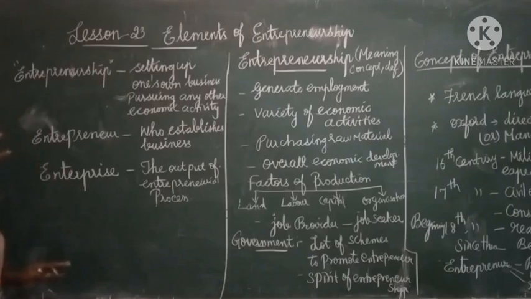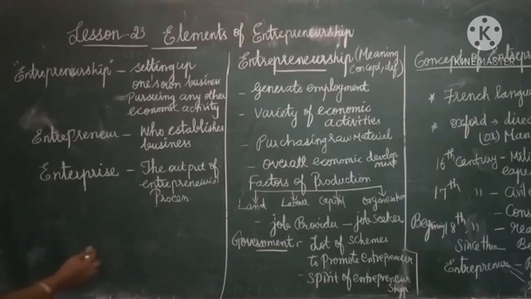So, what is the process? See, the entrepreneur establishes the business and entrepreneurship means setting up his own business. And where are they doing all this business? In the enterprises. So, the output of the entrepreneurial process is called an enterprise. The entrepreneurial process ends up in establishing an enterprise.